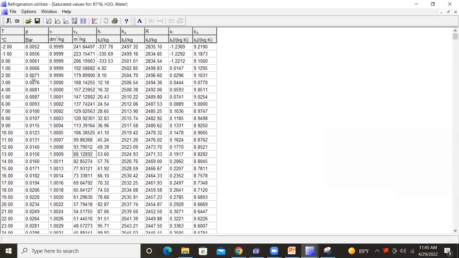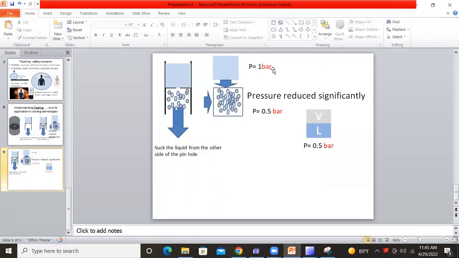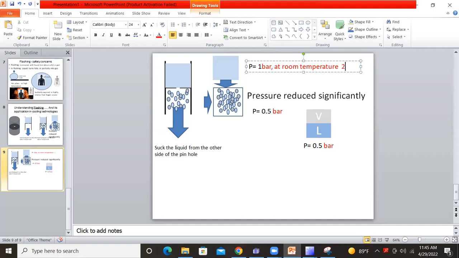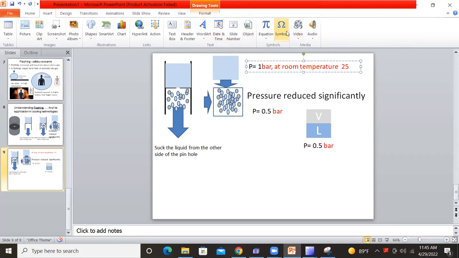Okay, P at 1 bar, but this is room temperature, because this is only the liquid, no vapor. Let's say room temperature is 25 degrees Celsius.